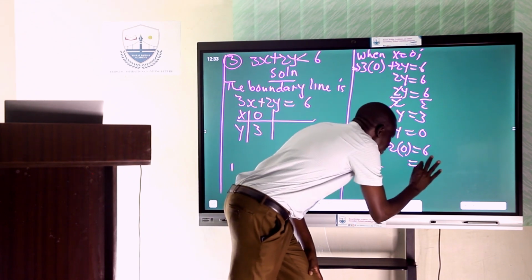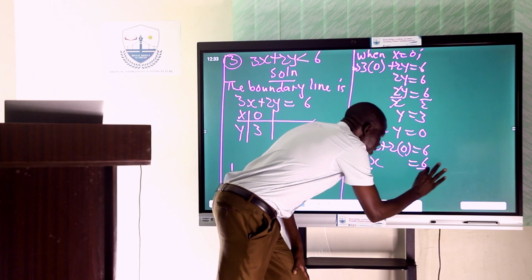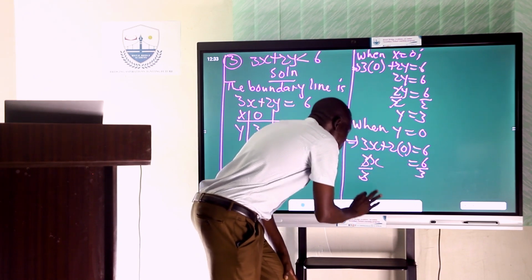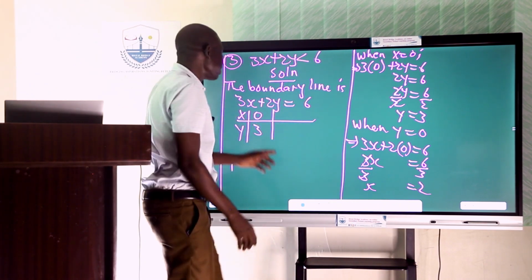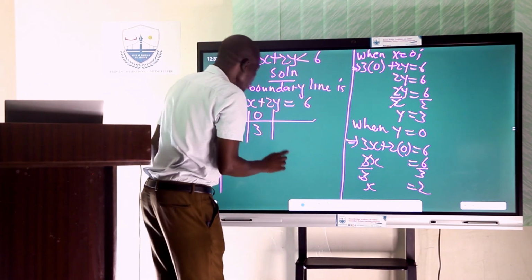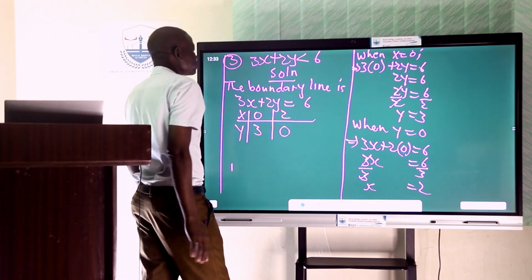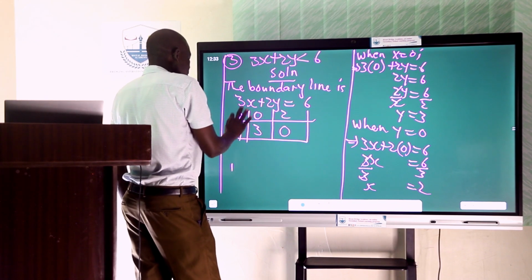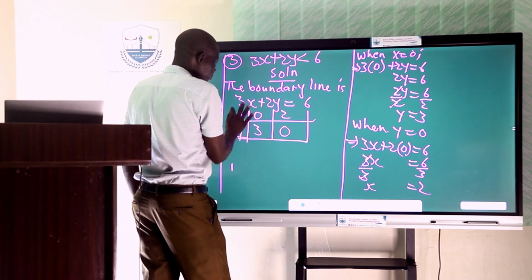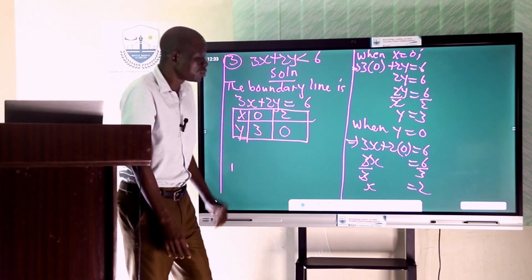So 3x will be equal to 6. I divide here by 3, here by 3. This will cancel, so that x will give us 2. So when y is equal to 0, x is equal to 2. This is how the table of values will look like.